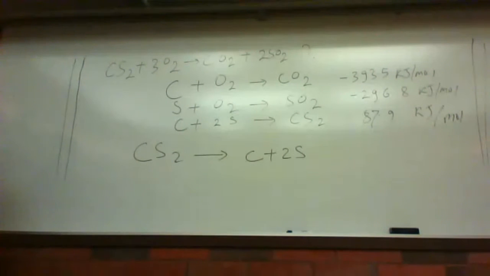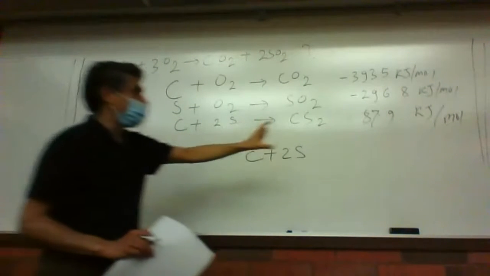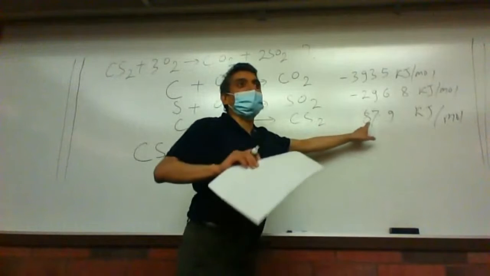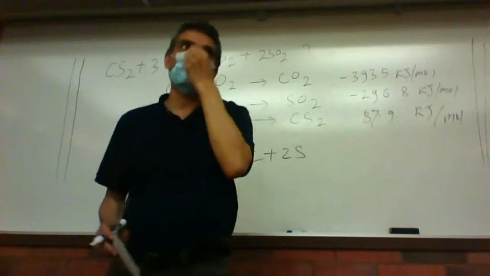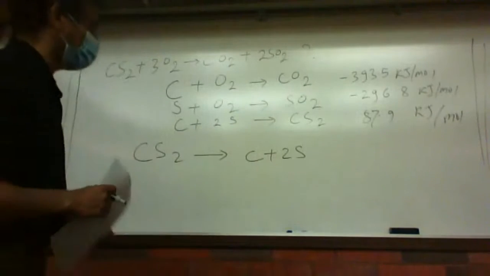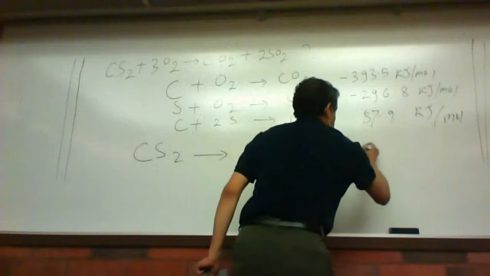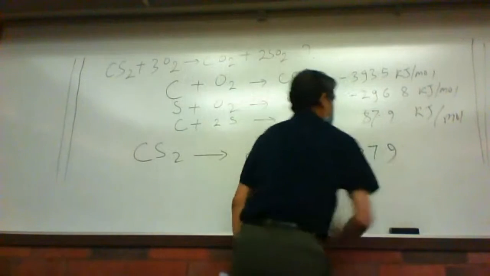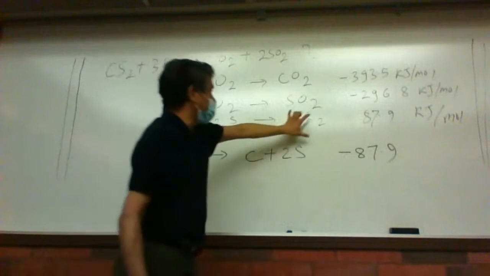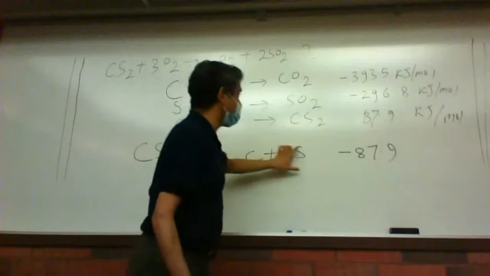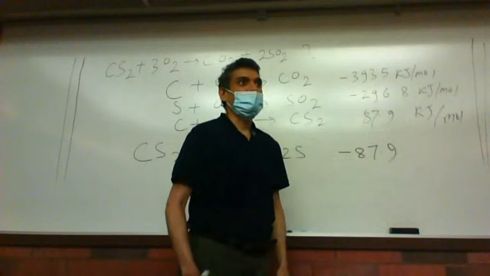Make sense? Good. If I flip this equation, the value of heat also flips. If it is a plus, it becomes a minus. This is very important for lab number 11, so you will do that in lab. This heat now becomes negative 87.9, because I flipped this CS2 to the other side.